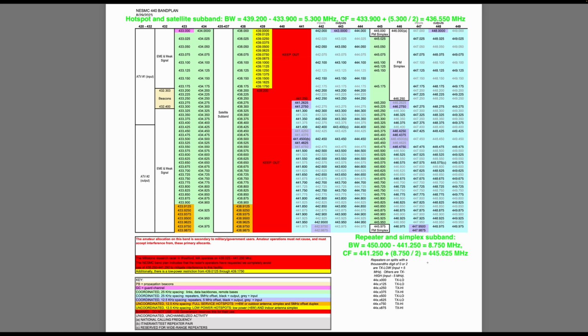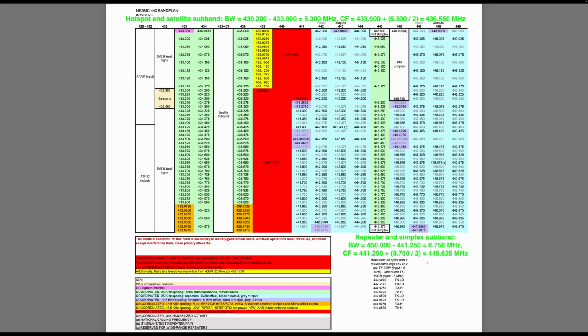And the other part of the band I'm interested in is really where the hotspots are, but to a lesser extent also where the satellites are, and it turns out that they're basically in the same places.